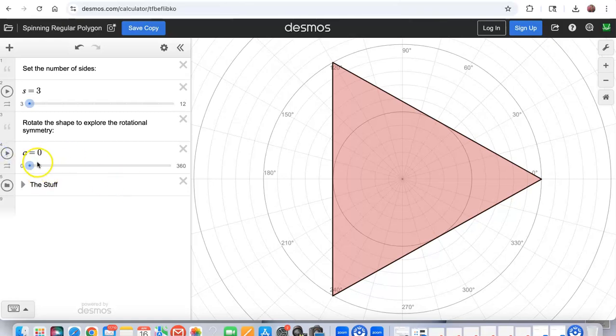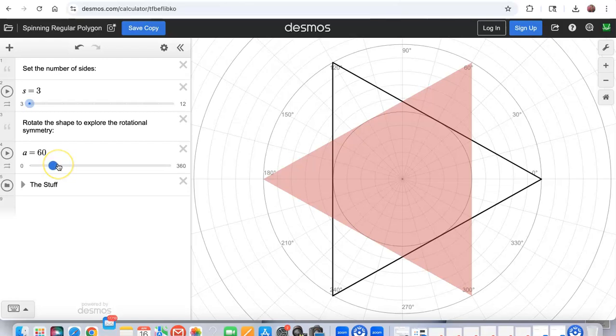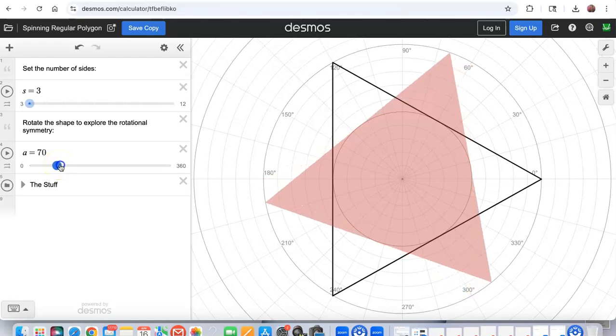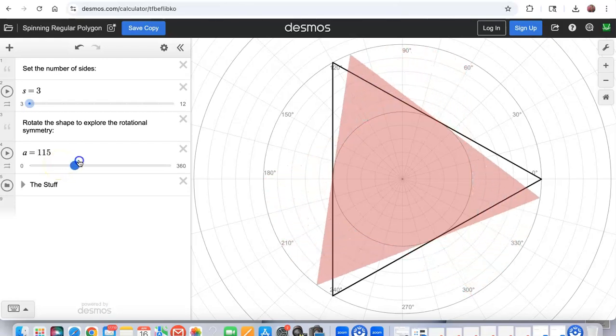Hypothetically, if we were to rotate this triangle, notice how if I rotate it, let's say 60 degrees, it's not in the same position as it was with the black triangle. So it obviously turned. But if I rotate it some more and some more, notice where it lands on itself. It lands on itself at 120 degrees.